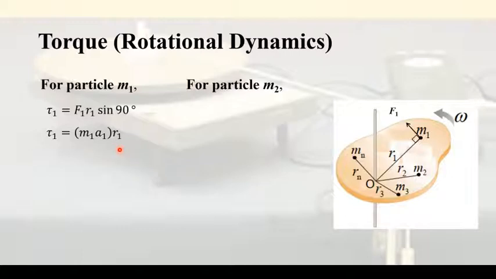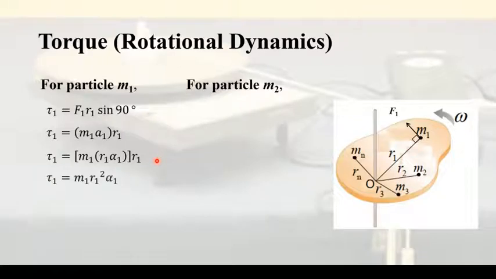And what next? Because I'm looking at rotation of a rigid body, so the object is rotating, therefore I'm going to change the variables into the variables that can be used in rotational motion. So I'm going to replace a with r alpha. So torque 1 is equal to m1 r1 alpha 1, and then times the r1 from the previous step.